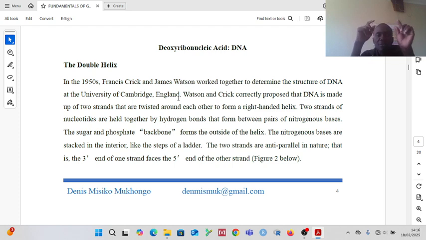So the sugar phosphate backbone is the joining of the sugar to the phosphate, then the phosphate will eventually join to the next pentose sugar, then that sugar again will join to the next available phosphate. So it means the outside of any helix, of any strand, is made up of the sugar phosphate backbone.